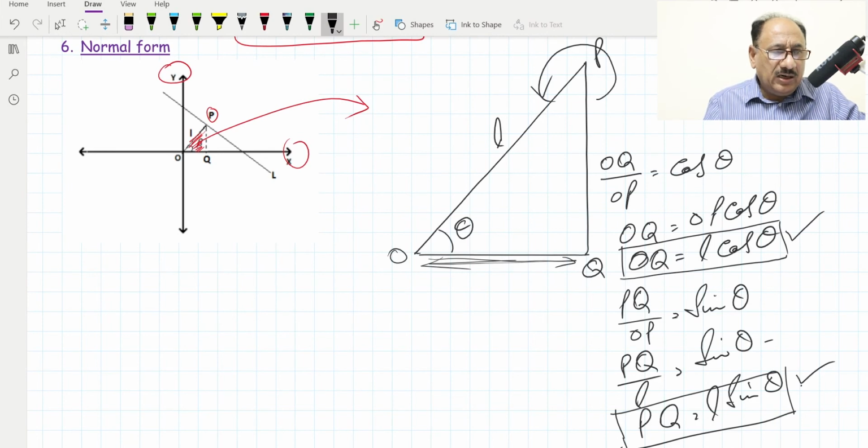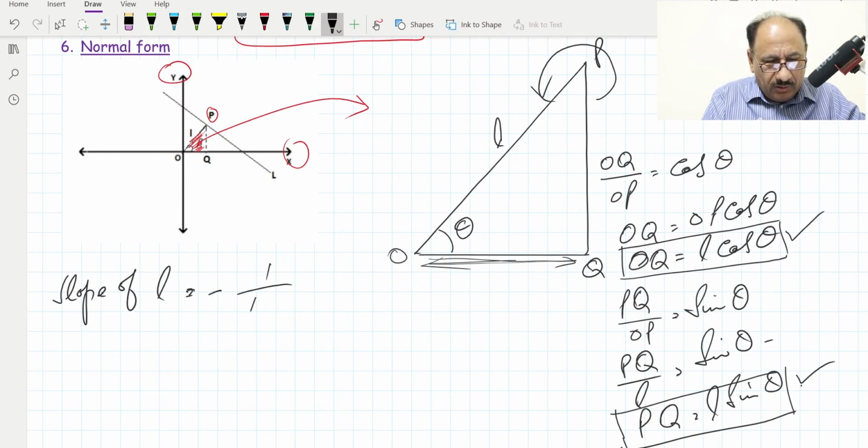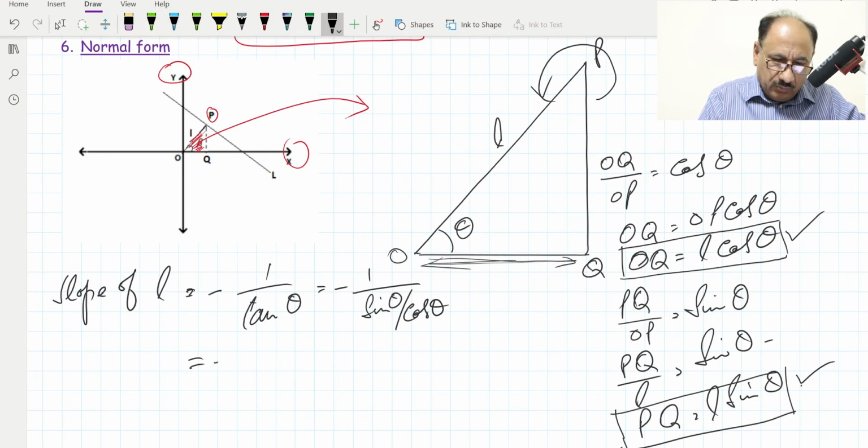Now we can write, slope of L will be equal to what? Slope of L will be equal to minus 1 over tan theta, which is equal to minus 1 over tan theta, and tan theta is basically sine theta over cos theta, so this will be equal to minus cos theta over sine theta.